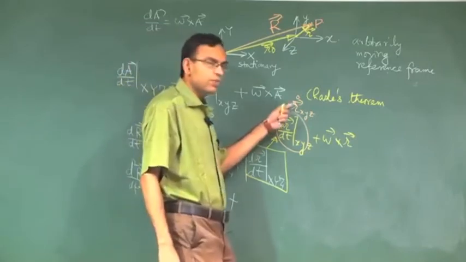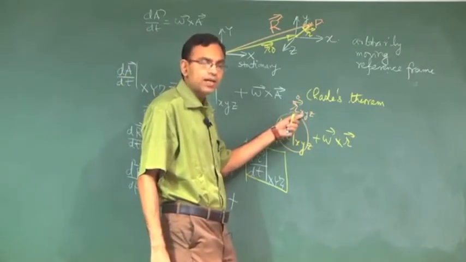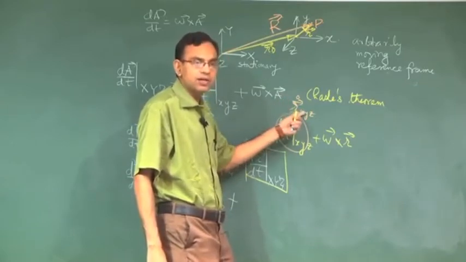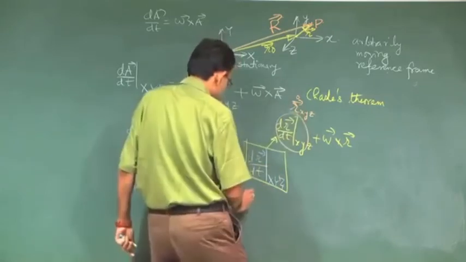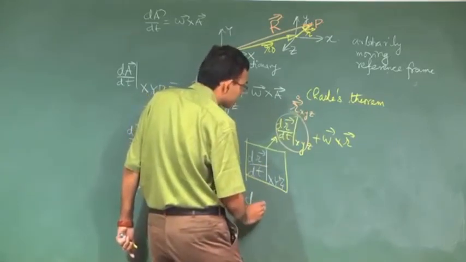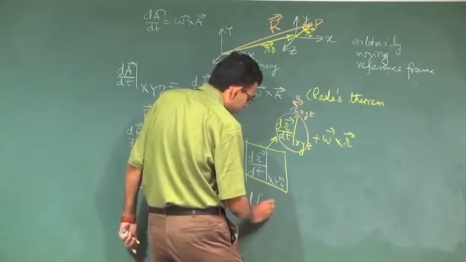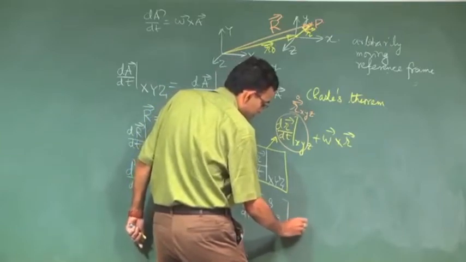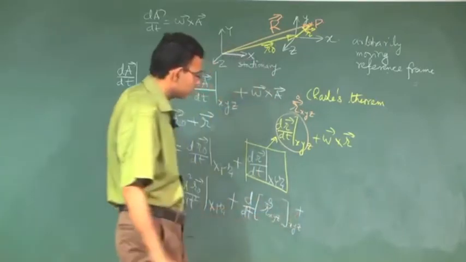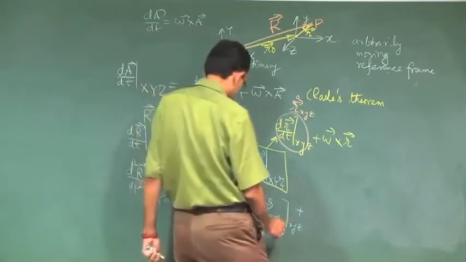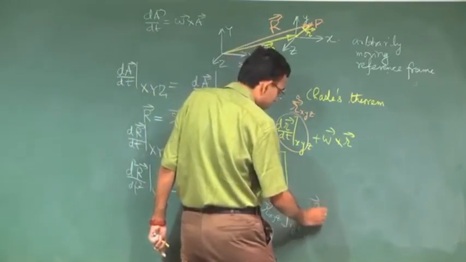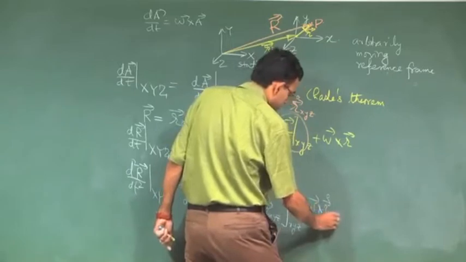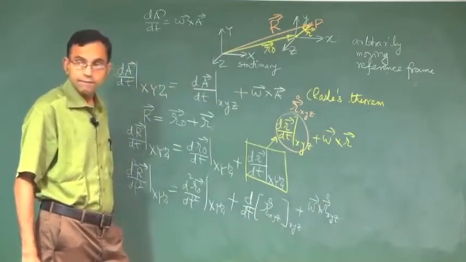So derivative of this with respect to capital XYZ, what is that? That is derivative of this with respect to small xyz plus omega cross this, right. So d dt of, which one? Just let me write this. Which one should be capital?